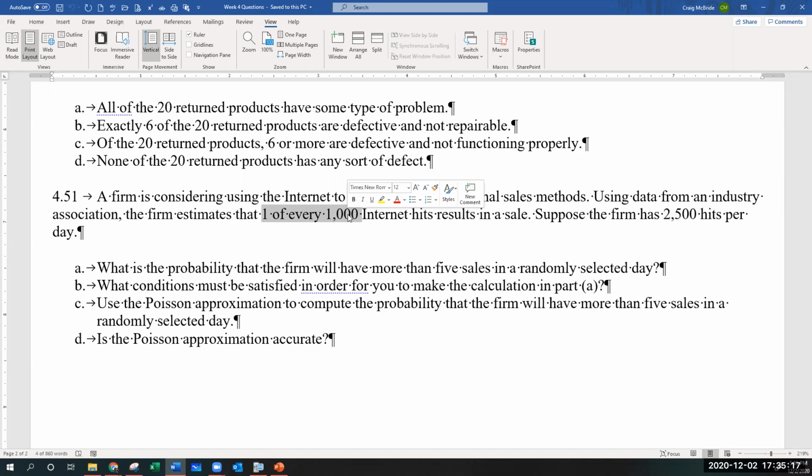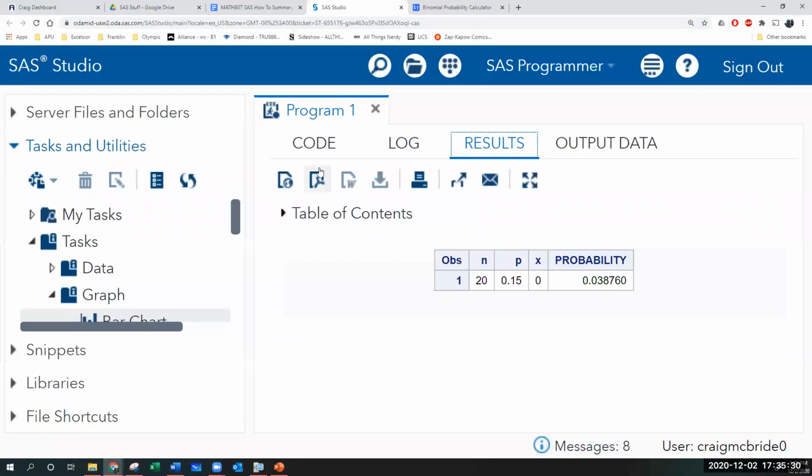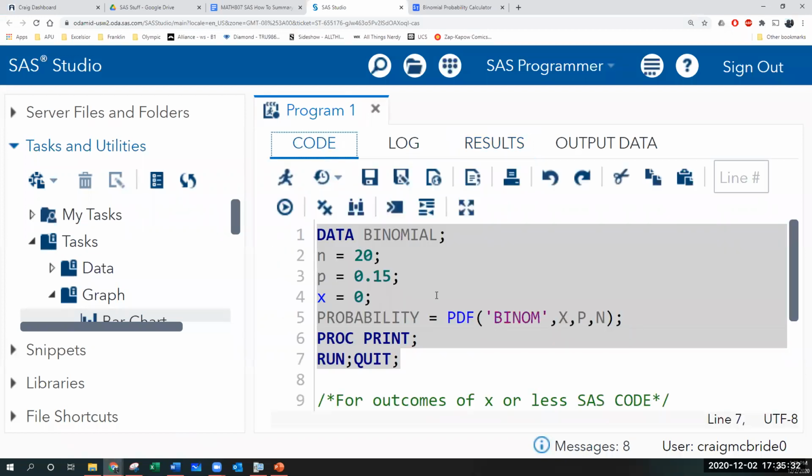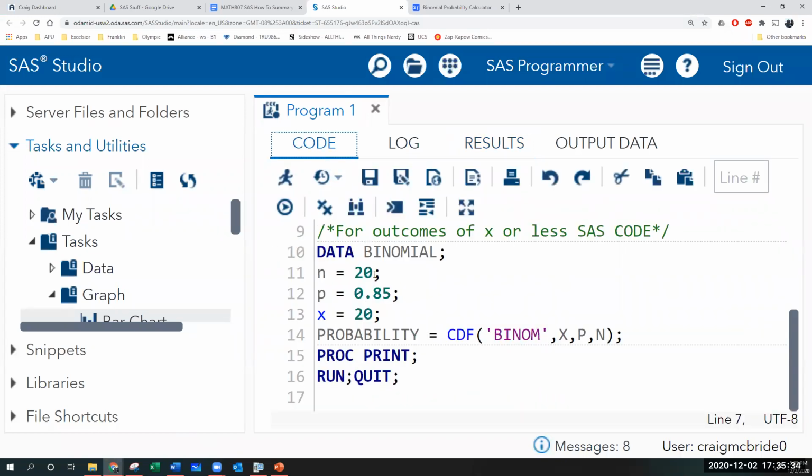What's the probability the firm will have more than 5 sales? So you're going to do 1 minus the CDF of 5. So in SAS, you have to go back to your code. We have to do the CDF.